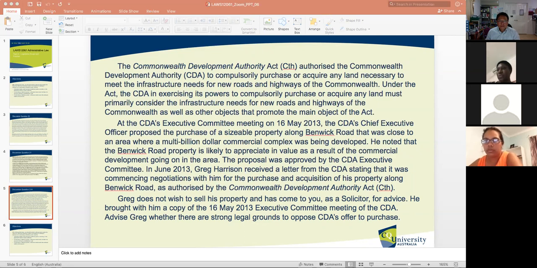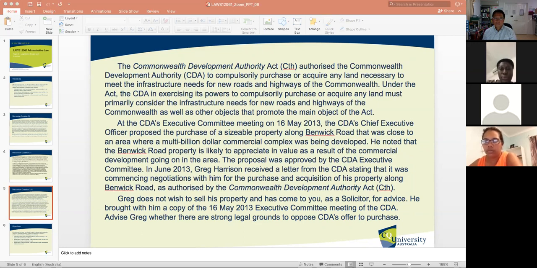proposed the purchase of a sizable property along Benwick Road that was close to an area where a multi-billion-dollar commercial complex was being developed. He noted that the Benwick Road property is likely to appreciate in value as a result of the commercial development going on in the area. The proposal was approved by the CDA Executive Committee.